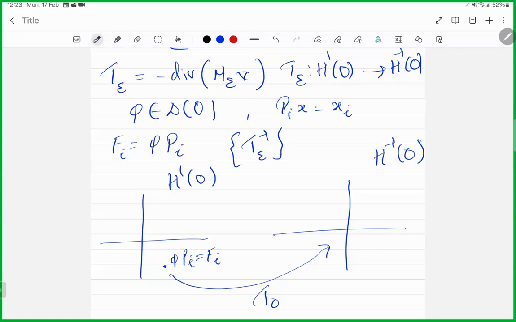By compactness, you have some limit up to some subsequence. But here I just need the surjectivity of it.